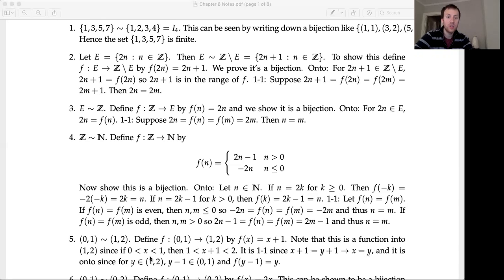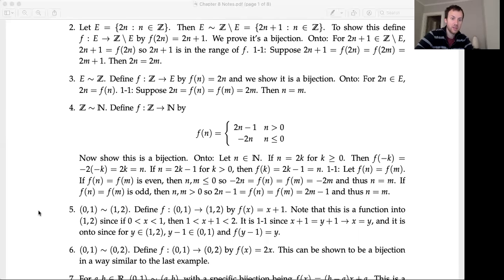And it's onto because if you have something between 1 and 2, if you subtract 1 from that, you get something in (0, 1), and that subtracted number is the thing that gets mapped to the y you started with. So this is maybe back to the not too surprising place. This interval of length 1 is equinumerous to this interval of length 1 also.